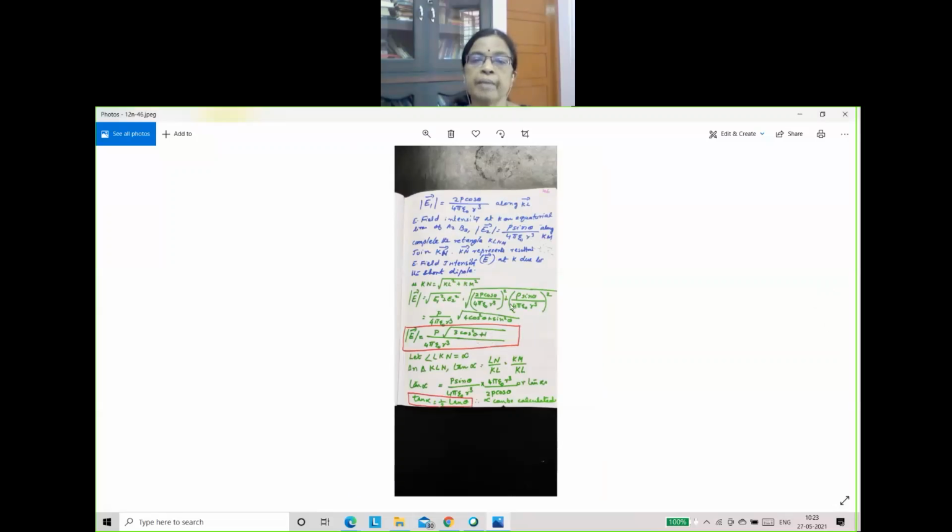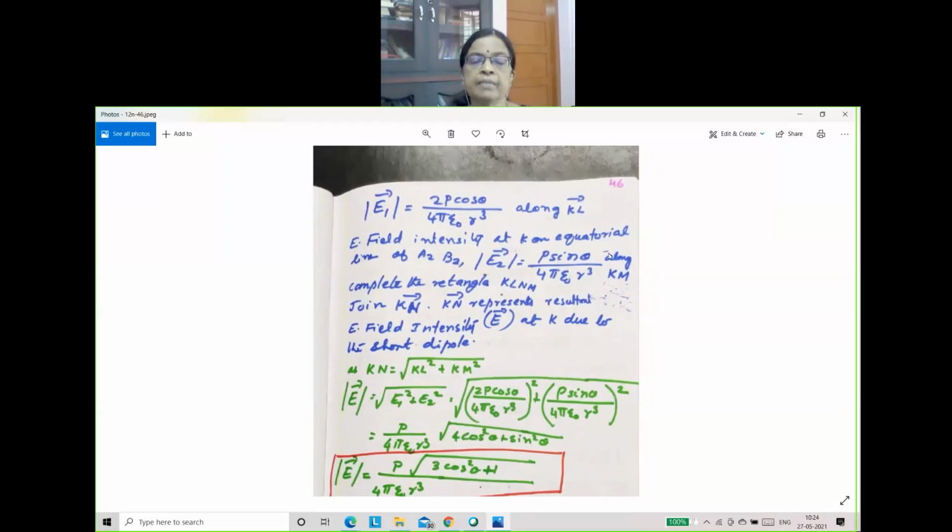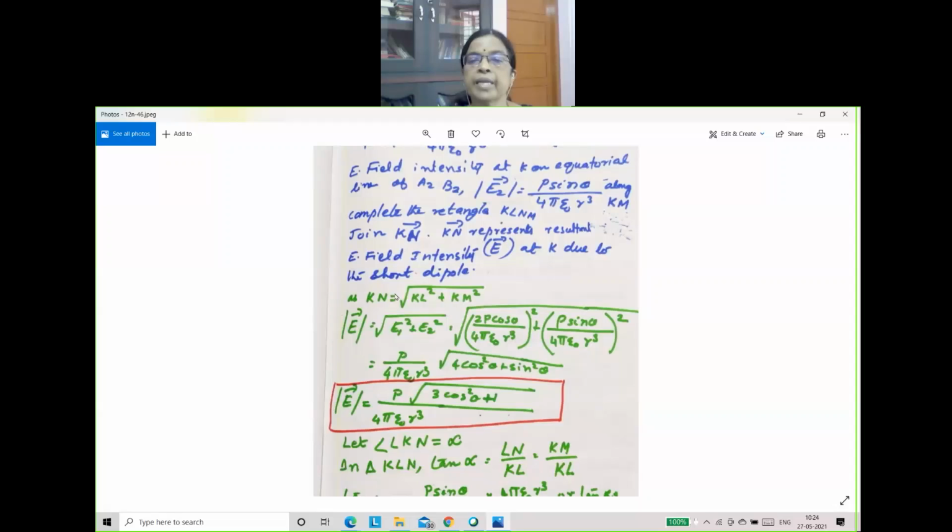So let us substitute the values. E1 is equal to 1 by 4 pi epsilon 0, 2 p cos theta by r cube for a short dipole. And on the equatorial line, we know E2 is 1 by 4 pi epsilon 0, p sin theta by r cube. Therefore, the modulus of the resultant field E is equal to root of E1 square plus E2 square. Then we are squaring and adding.